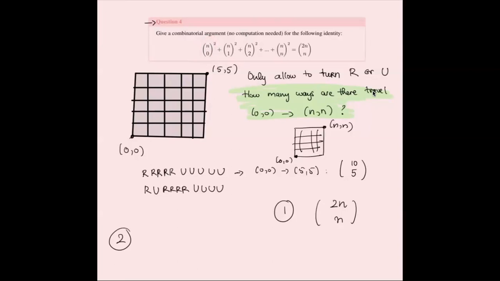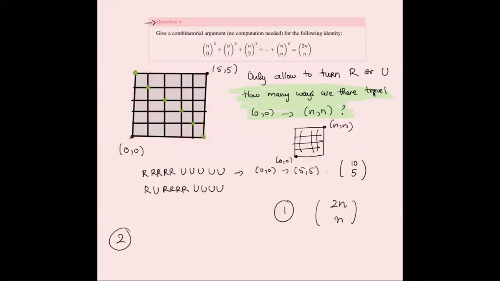So how does this make sense? If you think about it, when you travel from 0, 0 to 5, 5, you will have to go through this point, or this point, or this point, or this, or this, or this. There is no way that you can travel from here to here without touching one of the points here.